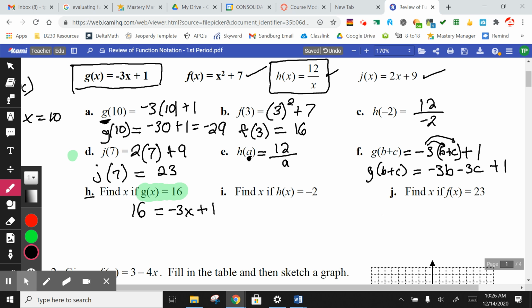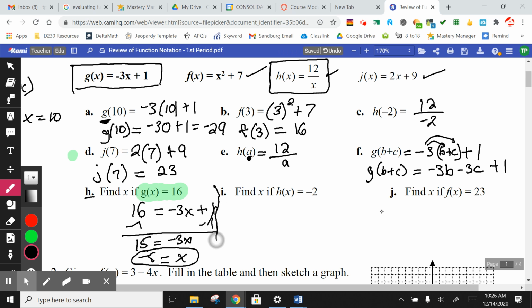So now you just have this little equation where you're going to subtract 1 from both sides so that we get 15 on the left equals a negative 3x. I think we all know we divide by a negative 3 in the final step. So 15 divided by a negative 3 is a negative 5. All right.